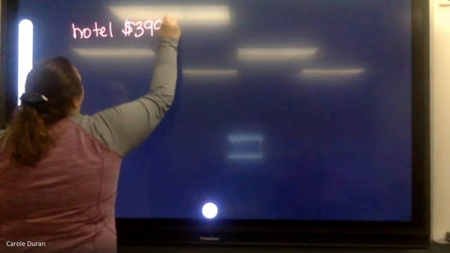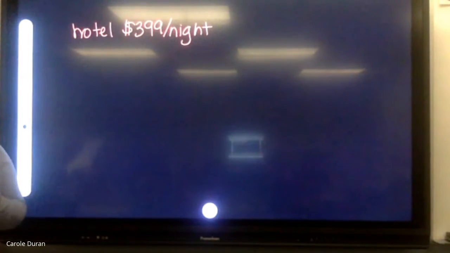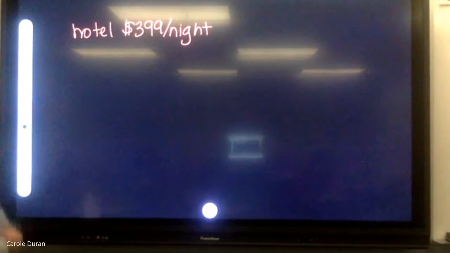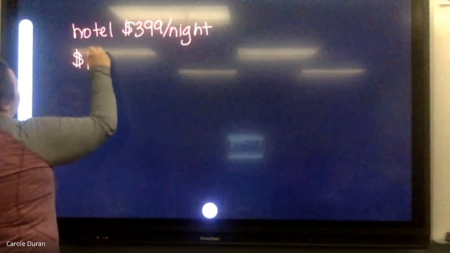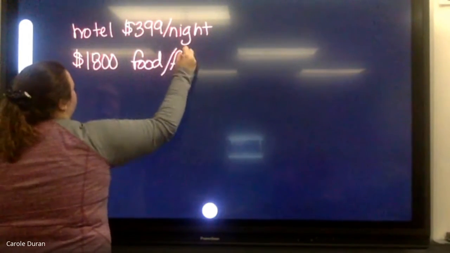21 is a nice, awesome story problem. So let's read this. Megan wants to go to Miami and stay at the Ritz-Carlton Resort. The cost is $399 per night. So I'm going to go ahead and write that, because I feel like that's gonna be important somewhere. So the hotel is $399 a night. She has decided that she needs about $1,800 to cover food and fun. I'm gonna write that one too, because I feel like that's gonna be important.